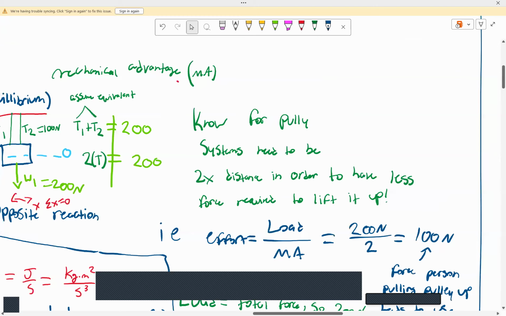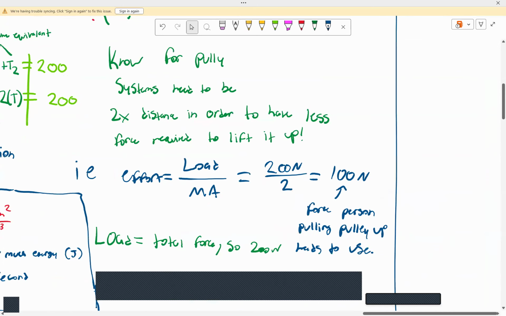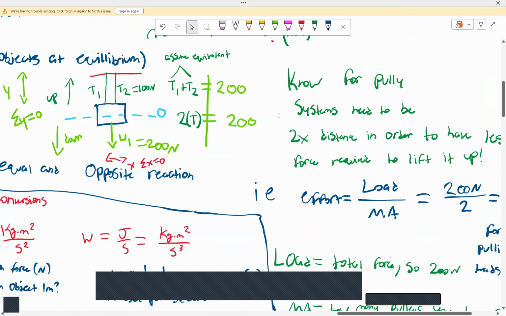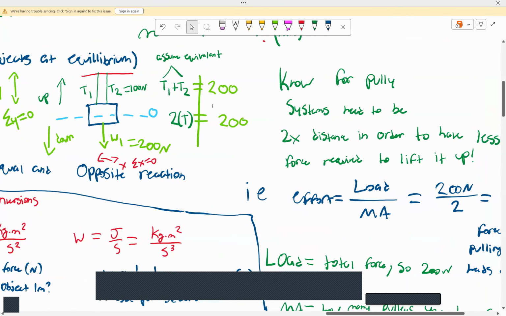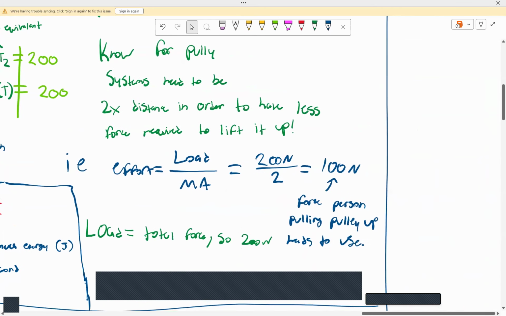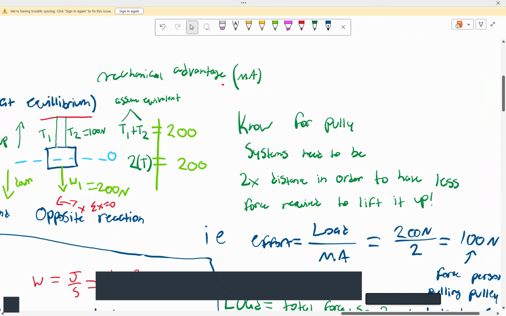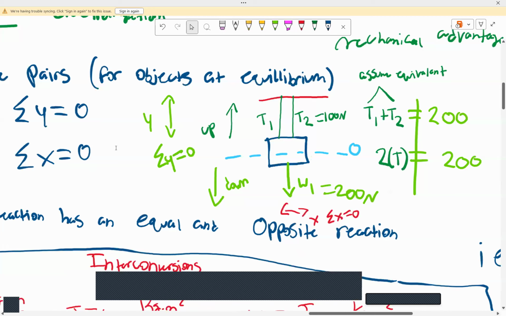And mechanical advantage takes advantage of those. So for pulley systems, you need to pull 2 times the distance in order to have less force required to lift it up. So in this case, it would be times 2. Mechanical advantage is how many strings or cords are holding up this box here, for example.